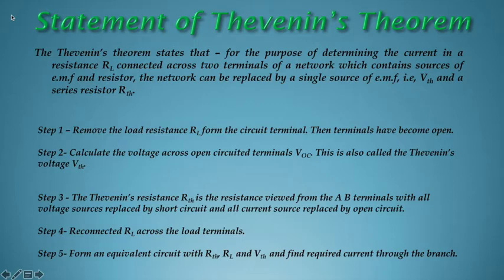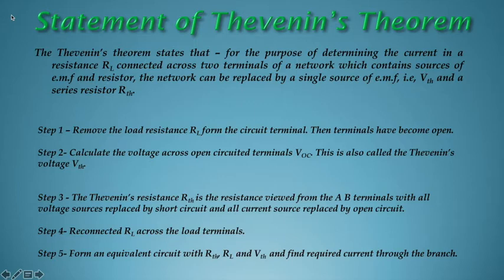The steps to solve a problem using Thevenin's theorem are: Step 1. Remove the load resistance RL from the circuit terminals. Then the terminals have become open. Step 2. Calculate the voltage across the open circuit terminals, VOC. This is also called the Thevenin's voltage, VTH. Step 3.